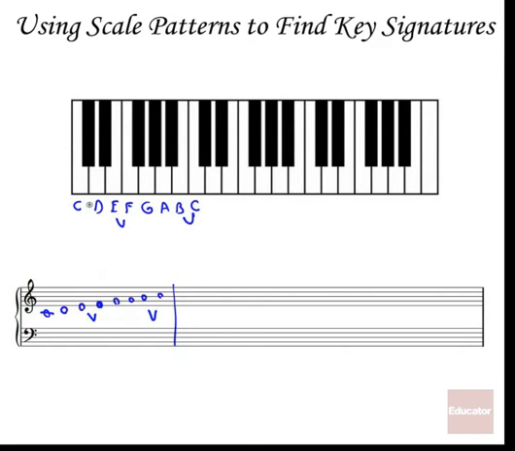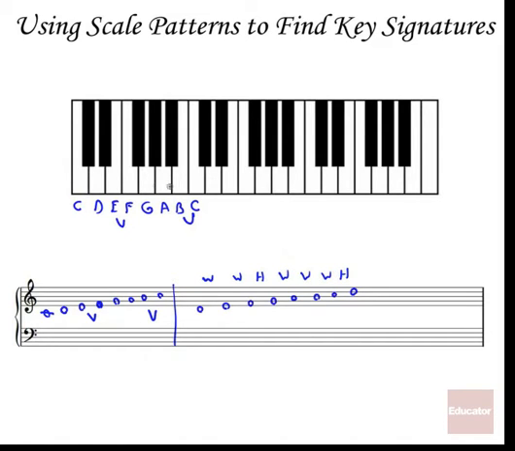So now let's say we want to find the key signature for a different key, like let's go up a step to D major. First we would use this scale pattern to find a D major scale. So we need to have a whole step, half step, whole step, whole step, whole step, half step.